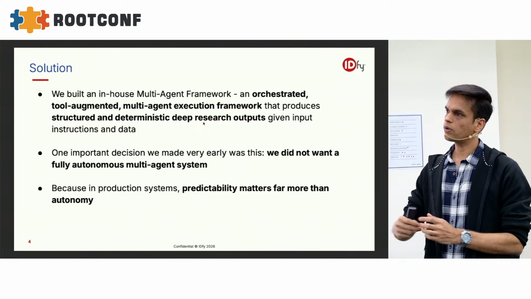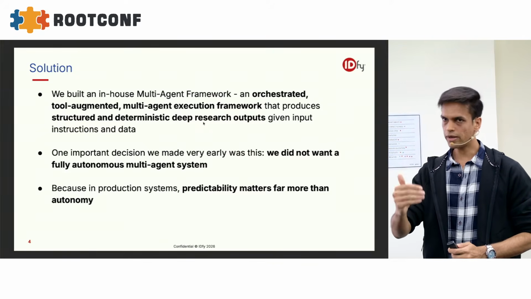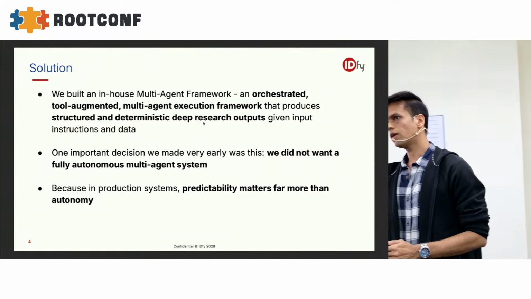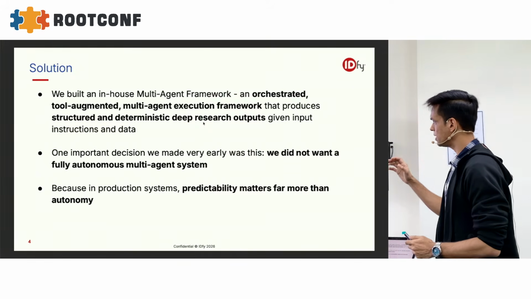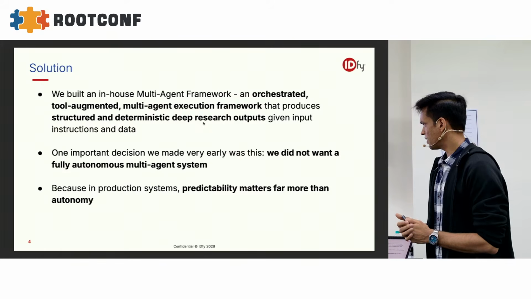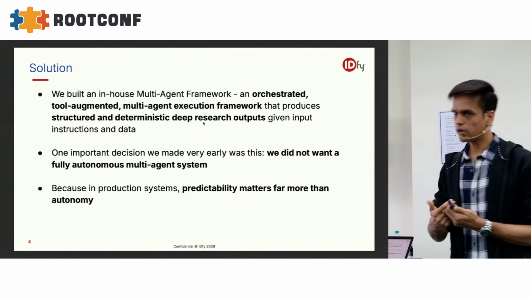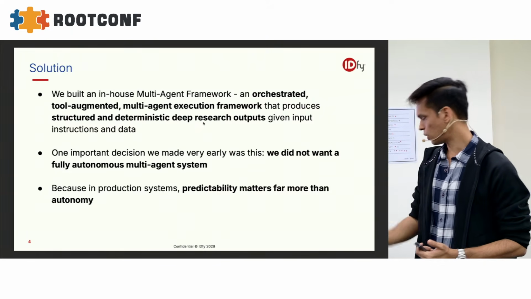I wanted full control of how each agent in my system works, and what guardrails each agent would have. So we wanted control over all aspects of the workflow, which is why we built a semi-autonomous agent, so to speak, right? And in production systems, obviously, predictability matters more than autonomy for me, which is why we made the decisions that we took.